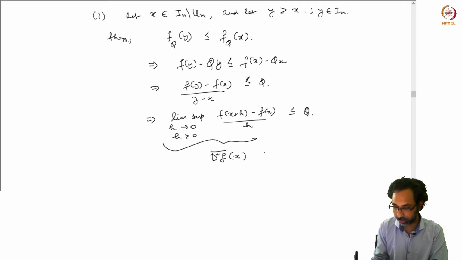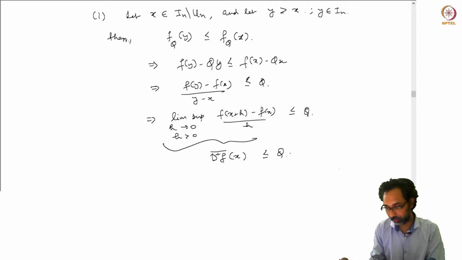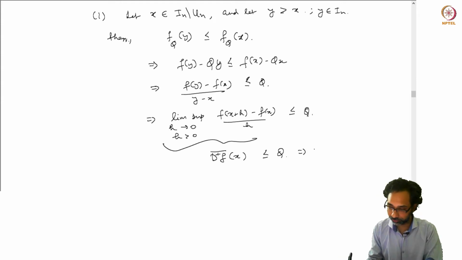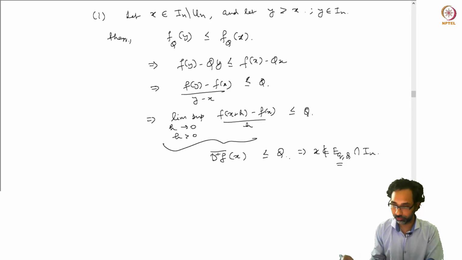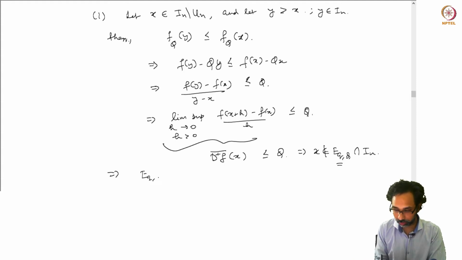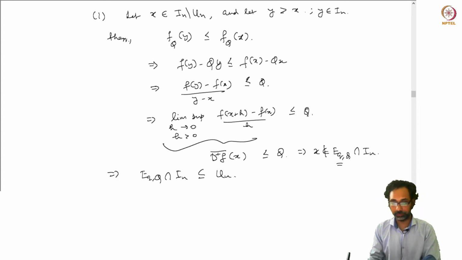This is less than or equal to q, which implies that x does not belong to E_{q,Q} intersection I_n, because on this set the upper Dini derivative must be strictly greater than Q. So this means that E_{q,Q} intersection I_n is a subset of U_n.